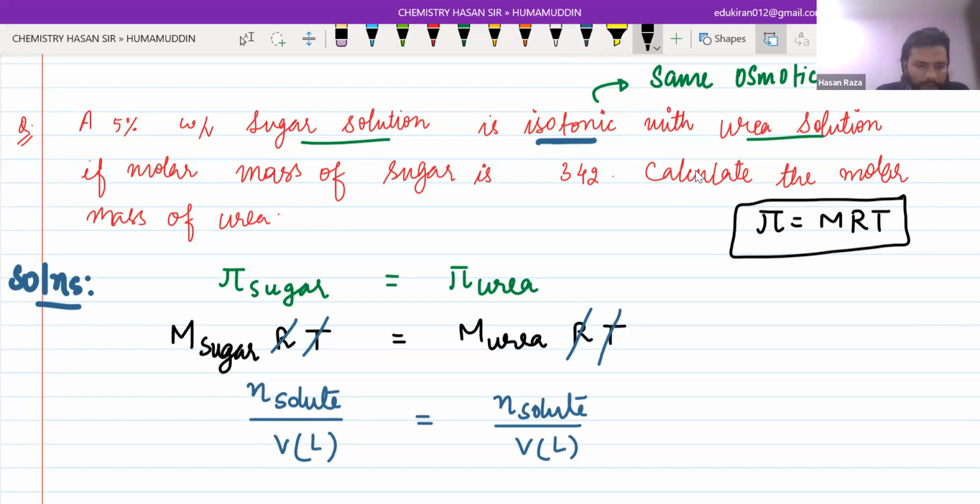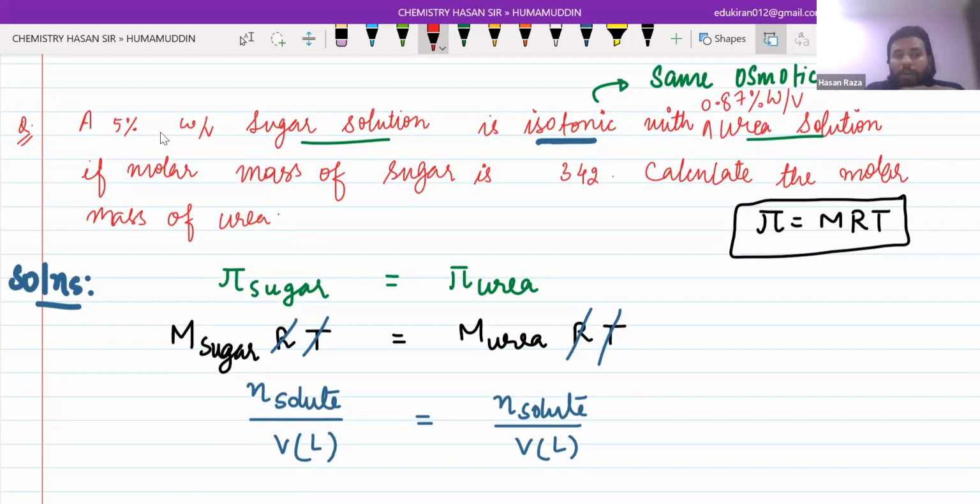Okay, I forgot to write one more thing in the question. That's why I was looking at the question. With the urea solution, isotonic with this, I forgot to write 0.87% weight by volume urea solution. This is the complete question. Sorry.